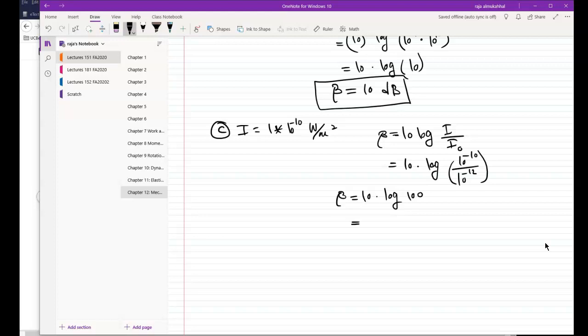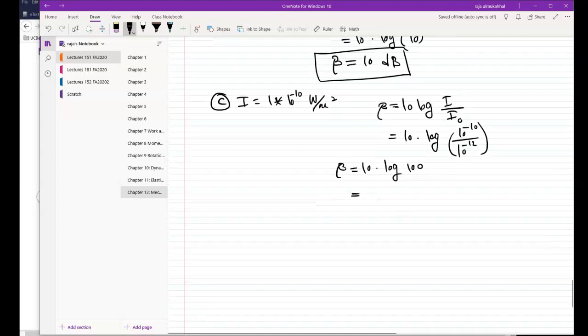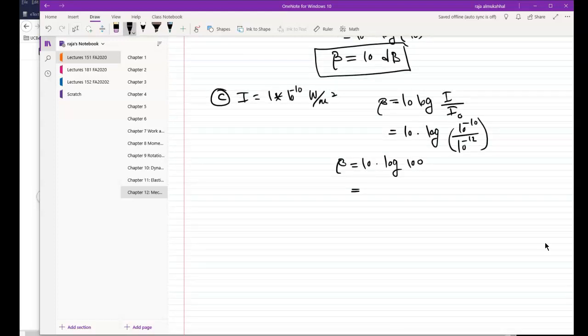Here, let me do it without a calculator. Let me show you. Just a little review for algebra. Remember, log 10 is 1. Keep that in mind. It's really easy. So I have here log 100. So that's log 10 squared. So that's 2 times log 10. Well, log 10 is 1, so that's 2. So log 100 is 2.